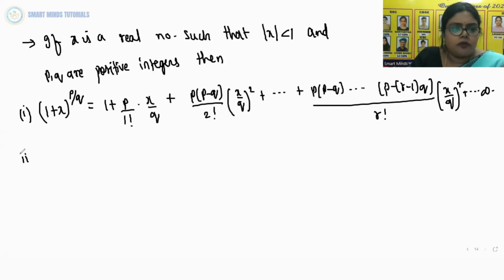This is the first formula. We use these formulae in sum of infinite series problems.